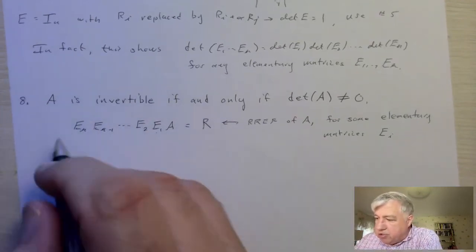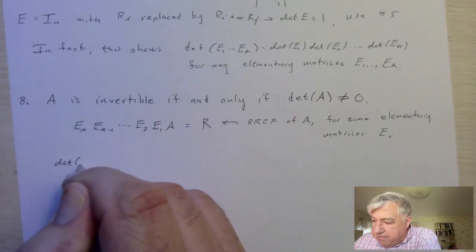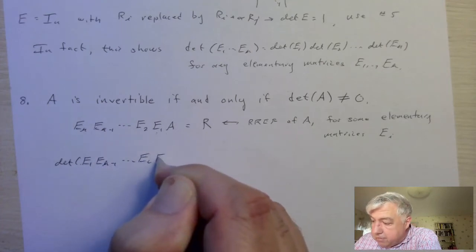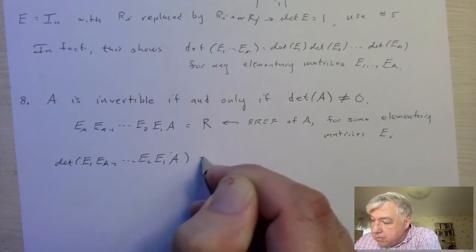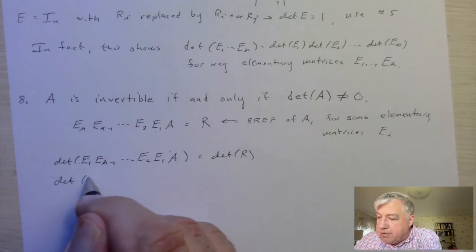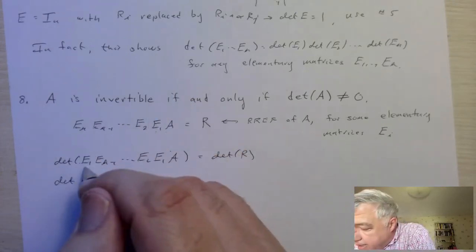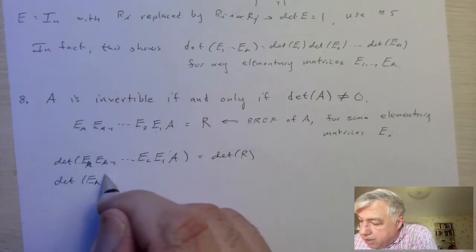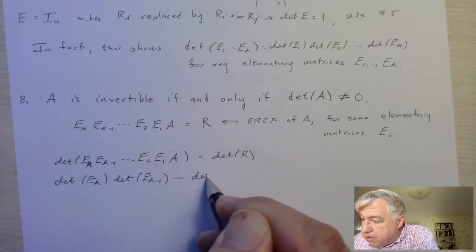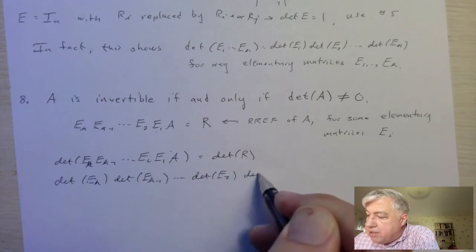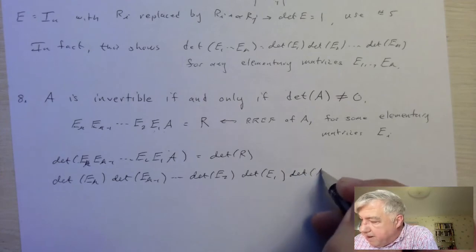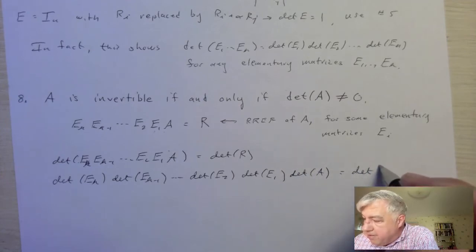So we take the determinant of both sides, and we get the determinant of E_k, the determinant of E_{k-1}, through the determinant of E2, the determinant of E1, times the determinant of A equals the determinant of R.